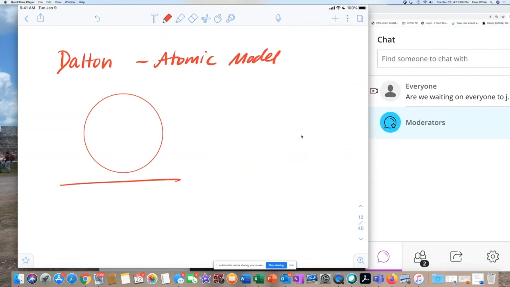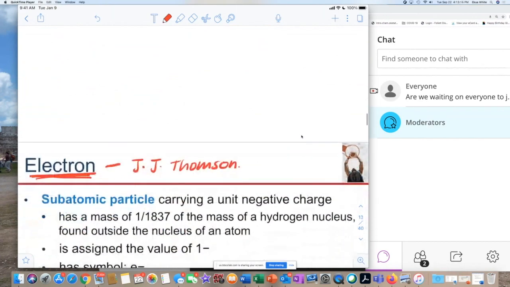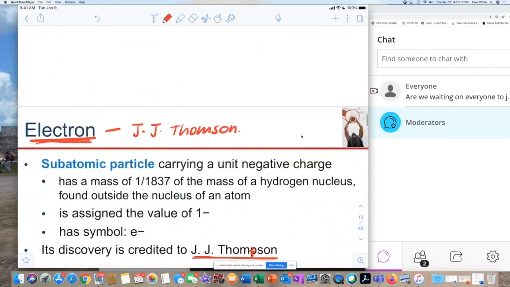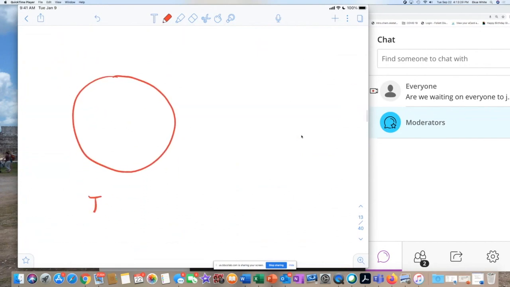And then J.J. Thomson comes in later on and he discovered the electron with his experiments. And he realized the electron was spread throughout the interior of the atom. So it looks like this, and we'll call this J.J. Thomson's model of the atom.